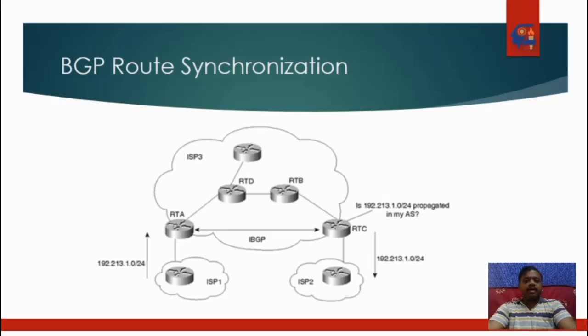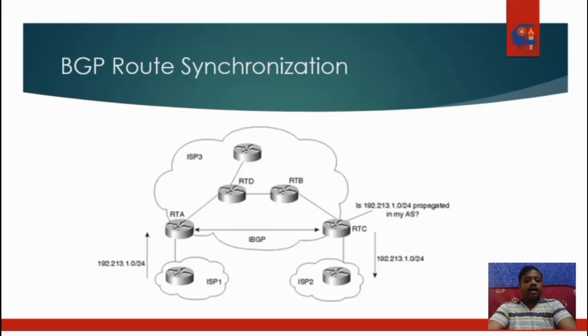Assume that ISP1 is advertising a route 192.213.10/24 to ISP3. Because RTA and RTC in ISP3 are running iBGP, RTA propagates the route to RTC.